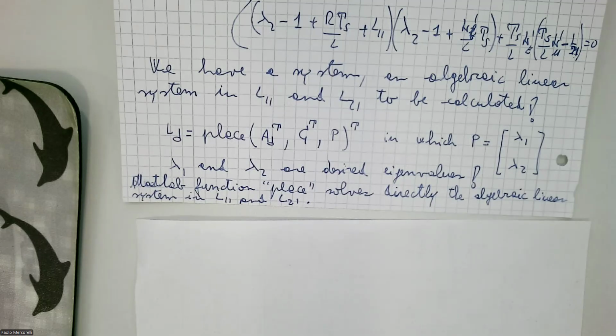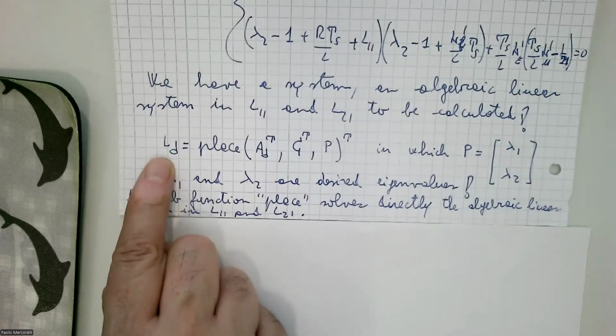we use the same function place, which is built for the controllability, but not only. We have, because of the feedback and the duality between A and A transposed, or AD and AD transposed, between B and C transposed, and the result is not in a row as before, but in a column.